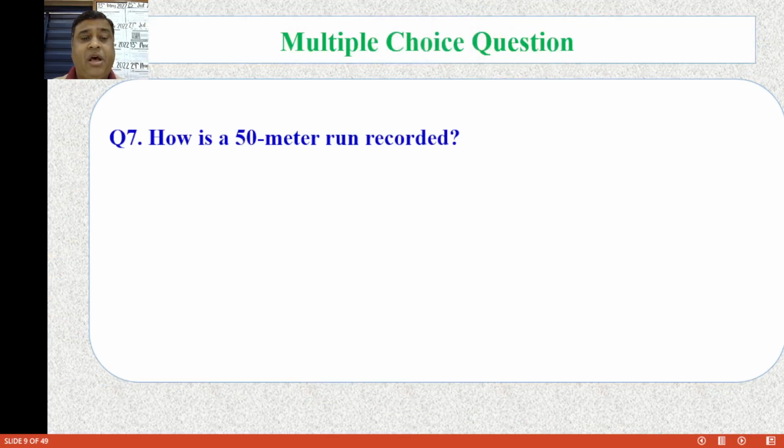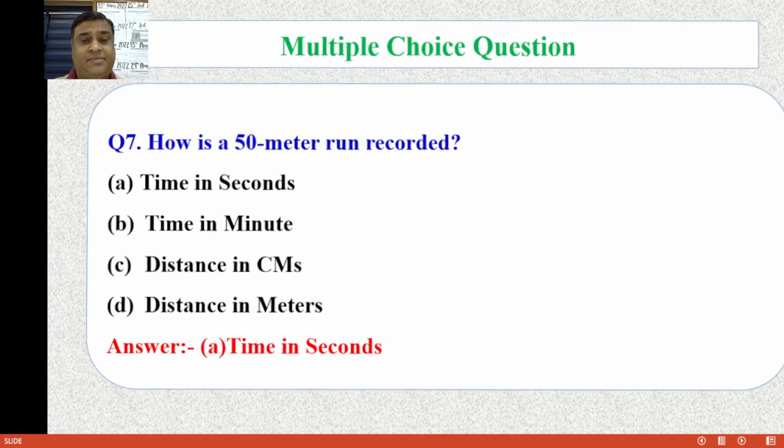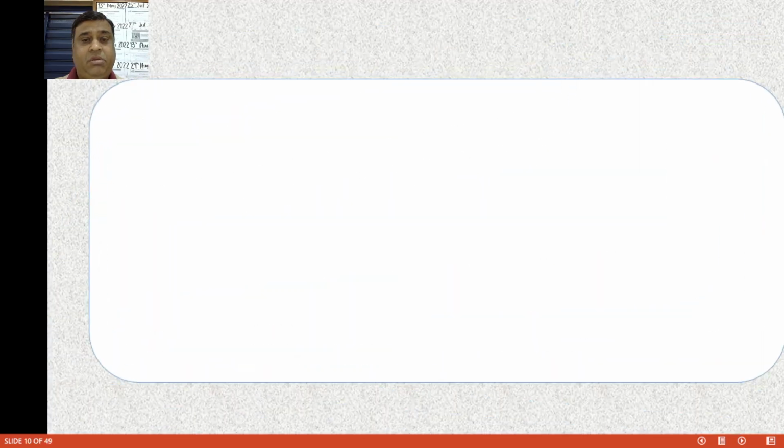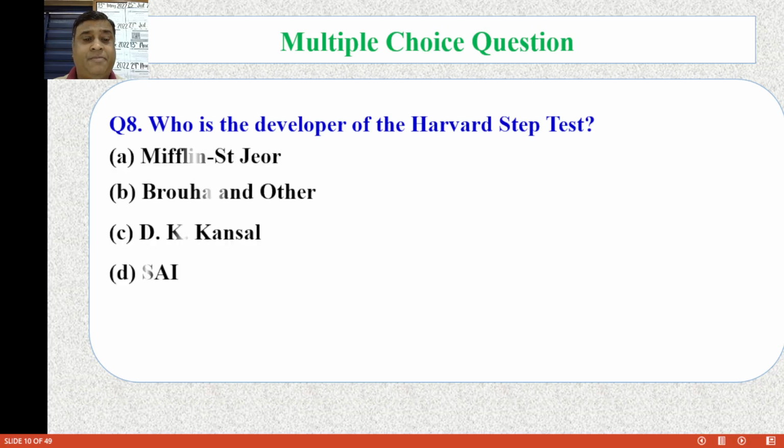Question number 7: How is the 50 meter run recorded? Time in seconds, time in minutes, distance in centimeters, or distance in meters. Now the answer is A, time in seconds. Now question number 8: Who is the developer of the Harvard STEP test?